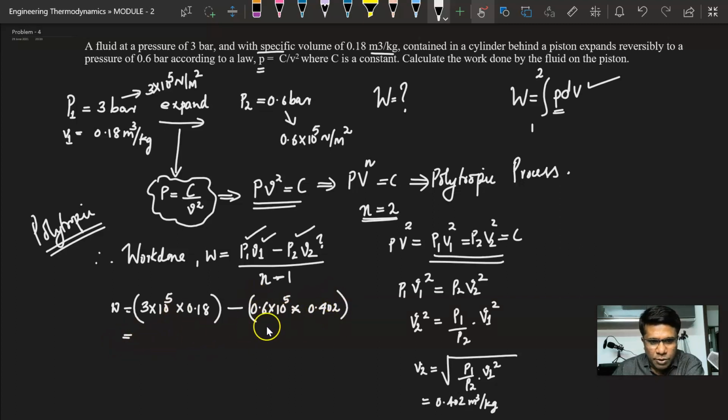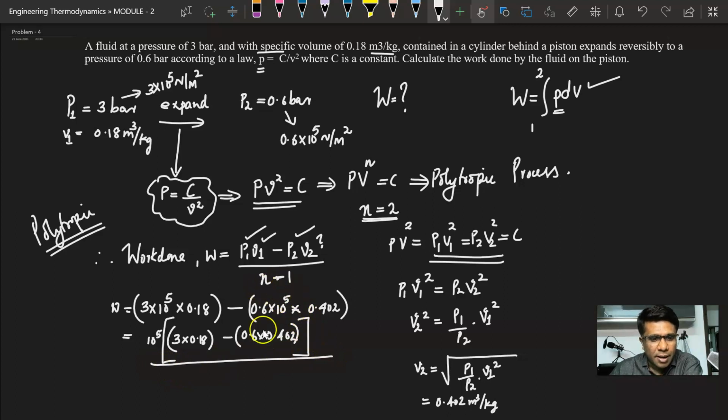Here 10 raised to 5 is common on both sides, so I'll take it outside. 3 into 0.18 minus 0.6 into 0.402. This whole divided by n minus 1, that is 2 minus 1. Therefore, if you solve this one, you will get 29880.